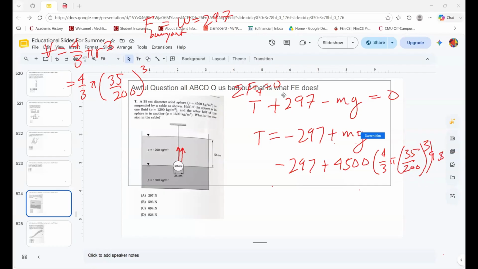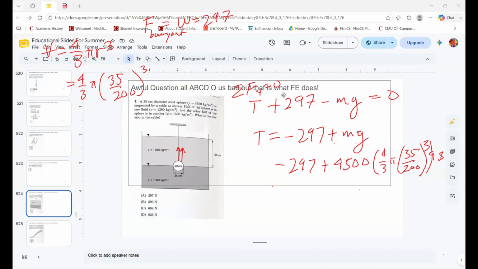Now, as you know, as an engineer, you should be able to know what 9.8 is by now, because what is the gravity at that point. Anyways, let's just plug into our calculator and get our answer. Okay, I get, hmm, interesting.